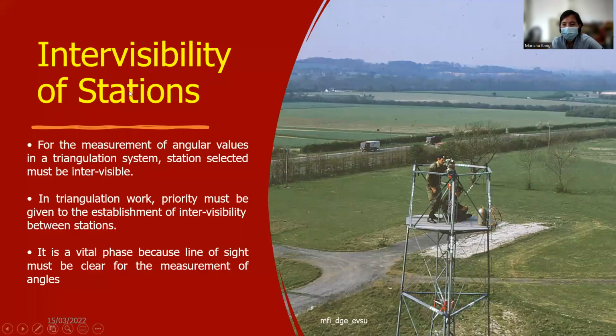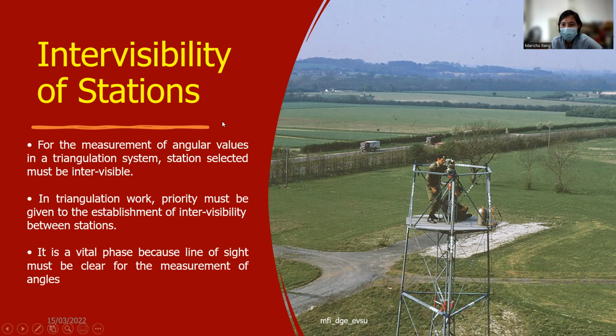When we say intervisibility of stations, it's the same as your laboratory exercise number 3, in which you are required to check, for one control station, if at least the two adjacent or at most all of the controls adjacent to your station are visible from the occupied point.